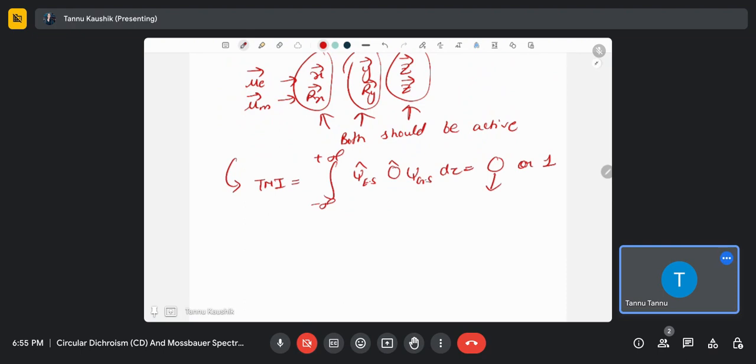If we are getting 0, then that transition will be forbidden, and 1 is for allowed. So the cases where this transition is allowed are the molecules where both the distance and rotational vectors are associated with each other.